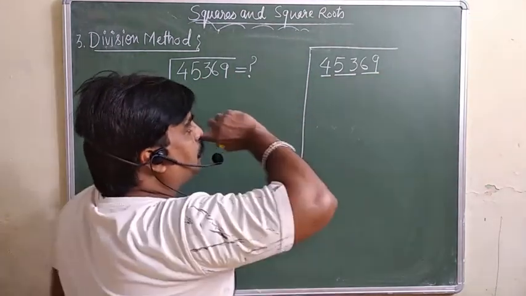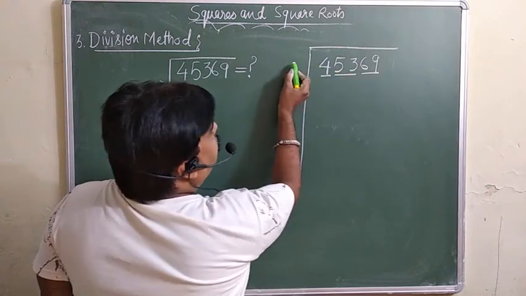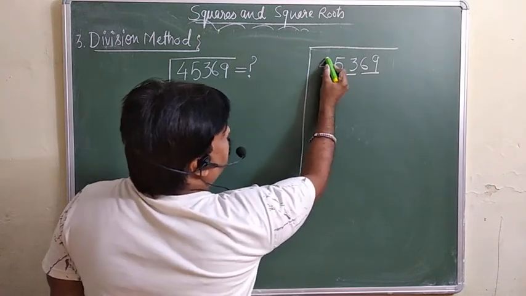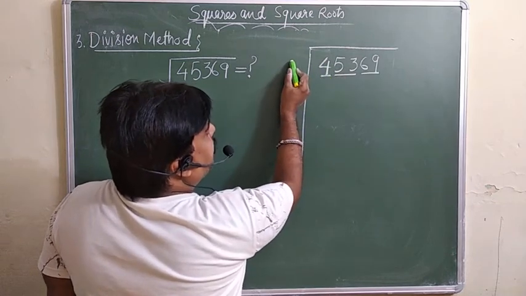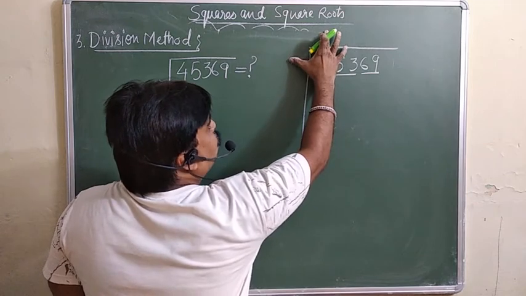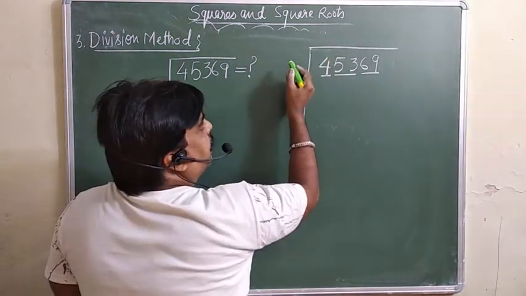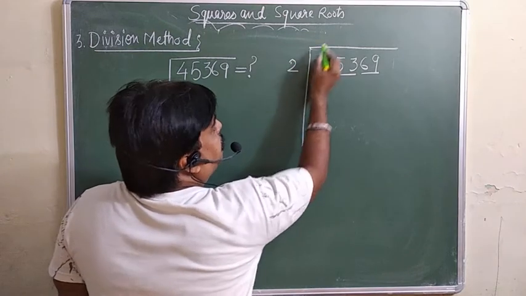ठीक है. इसके बाद what we will do? See, this is your number separate, 4 is here only. So what will we write? Any number here, we will think about this number only. The same number we will write here. The product of these two must be equal to this number or less than. It should not be more than that. यहाँ जो number लिखेंगे, same number we will write here only.